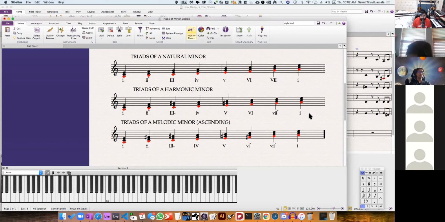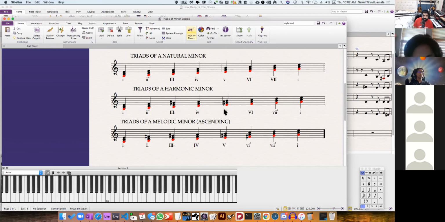So you might have already guessed this, but this triad arrangement is the one that's most commonly associated with harmonic chord progressions. It's the reason why we call this harmonic minor, and the main reason why we use this chord progression boils down to this particular chord right here, this 5 chord.